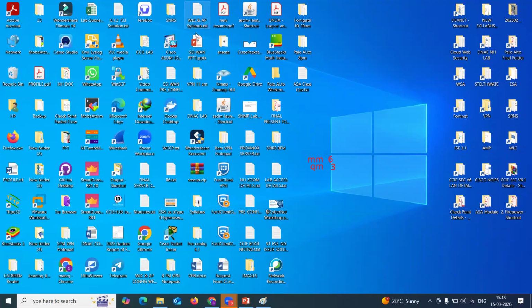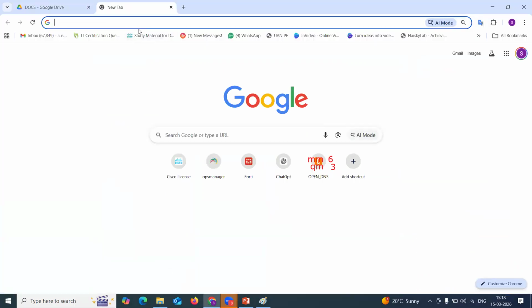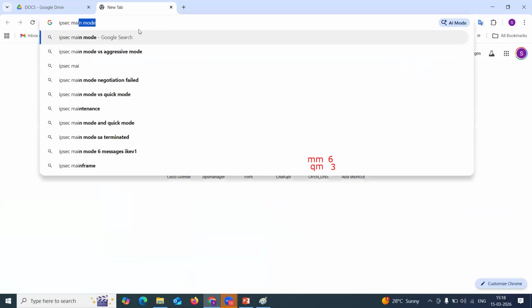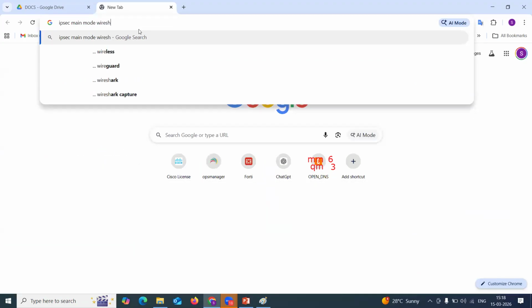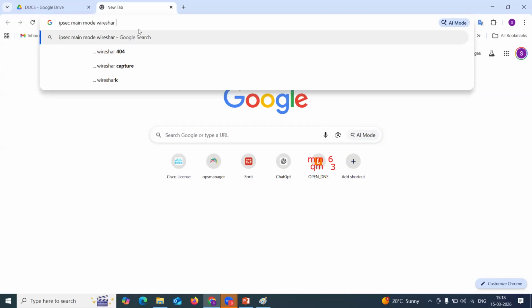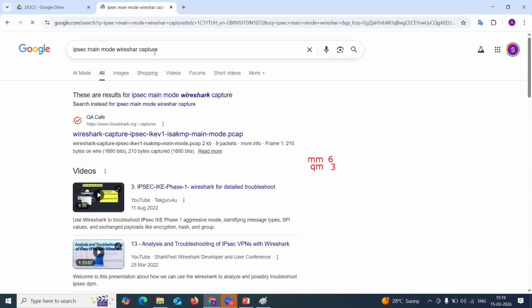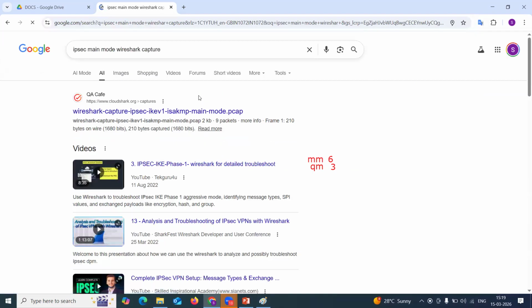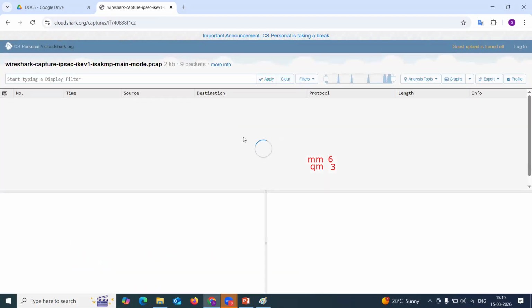I don't find it. IPsec main mode Wireshark packet, Wireshark capture. It's a PCAP file, guys. Let's see if anyone has uploaded it anywhere.